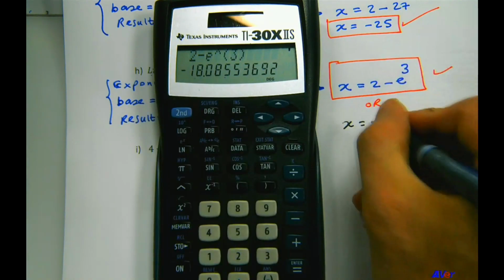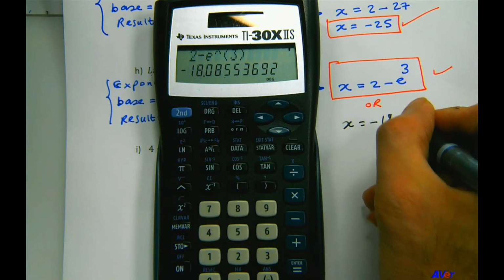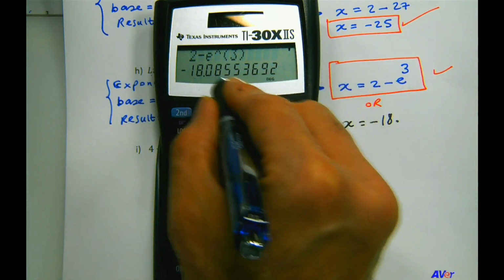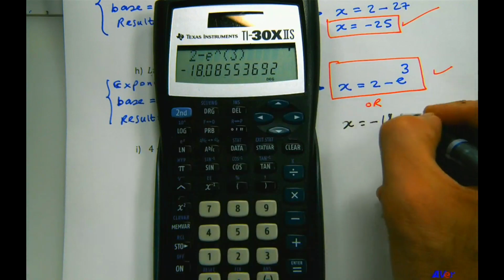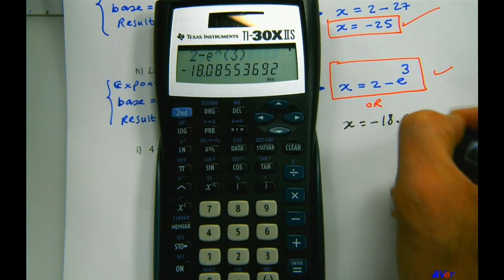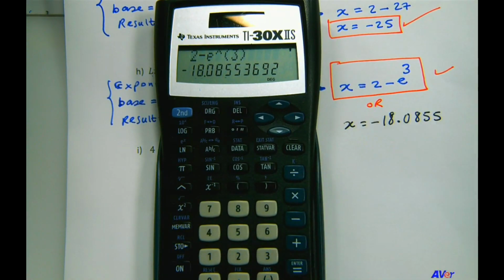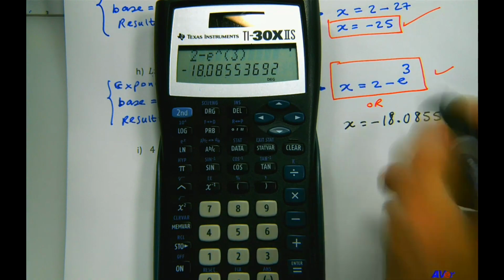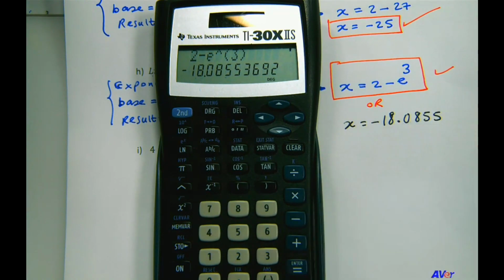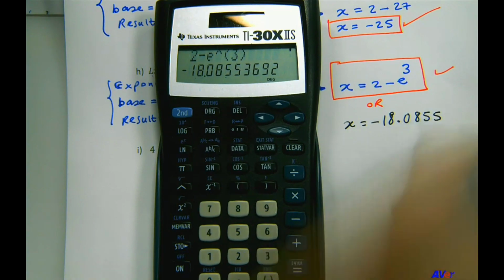We get minus 18.0855. If I'm not asked to leave my answer to a certain decimal value precision, then that's how far I keep it. But if I was asked to leave my answer to 2 decimal places, then I would say minus 18.09. I would round the 8 to 9 and leave it like that.